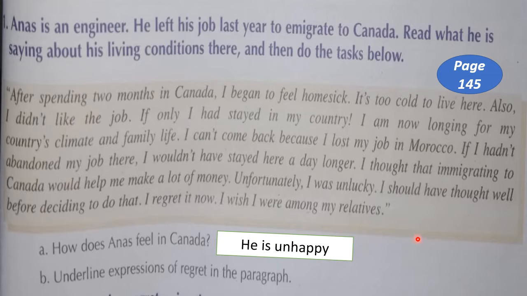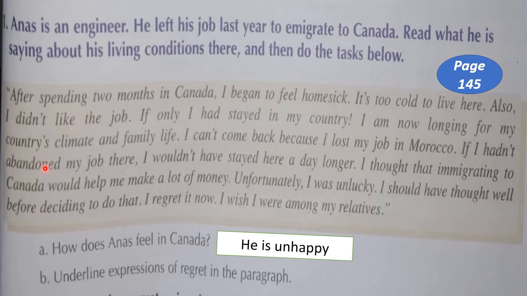Anas is unsatisfied and sad in Canada. Good. Now we move to the second question. Underline the expressions of regret in the paragraph. So, because Anas is unhappy and sad, he is expressing regret.